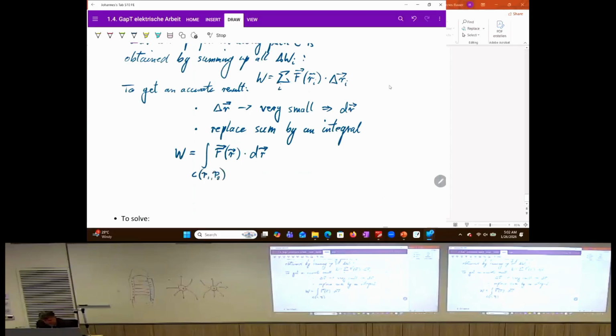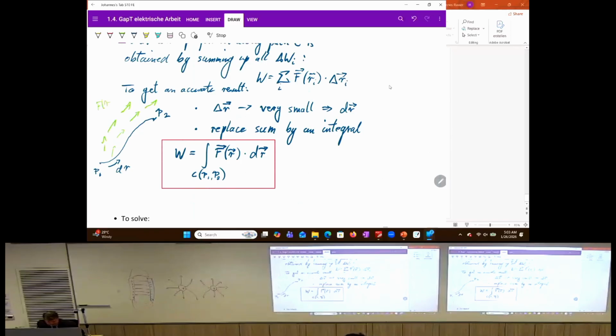This is our general formulation. If you look at it, we graph that here, we run from P1 to P2. We have here our delta R, and you may have some arbitrary force field here. I draw that in green here.